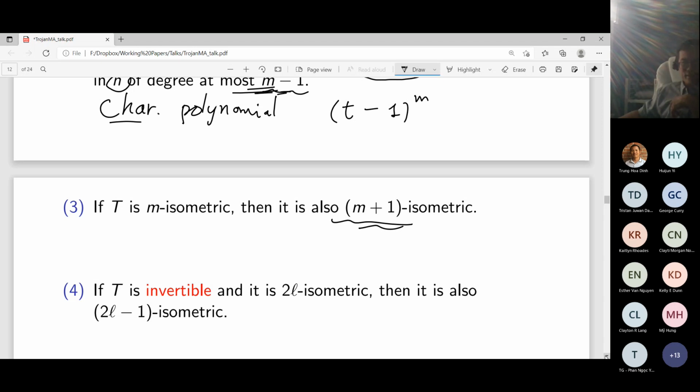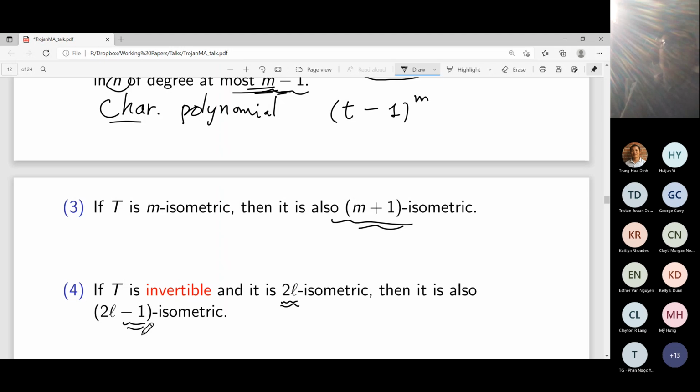For infinite dimensional operators, there's no guarantee that T is invertible. But if T is invertible and it is a 2m-isometric, then we can actually reduce the degree by 1.